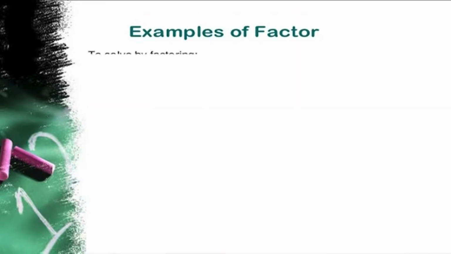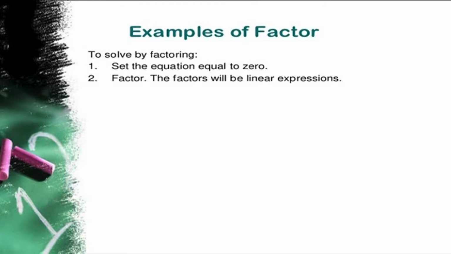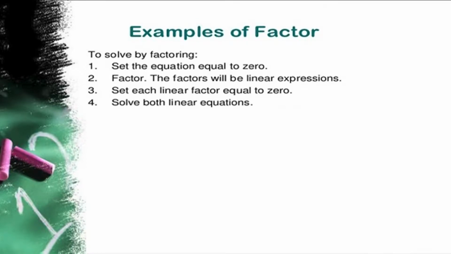Examples of factoring. To solve by factoring, step 1 is to set the equation equal to 0. The factors will be linear expressions. Set each linear factor equal to 0, solving both linear equations. Now take an example. Solve by factoring x square plus 3x equal to 0.